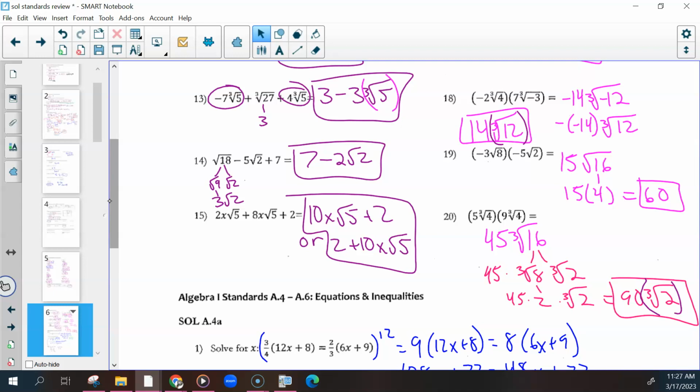Other questions? 20. So we multiplied, we got 45, and then when you broke down 16, 2 came out of that, so then you would be multiplying the 45 and the 2.